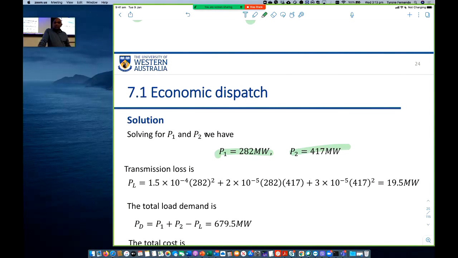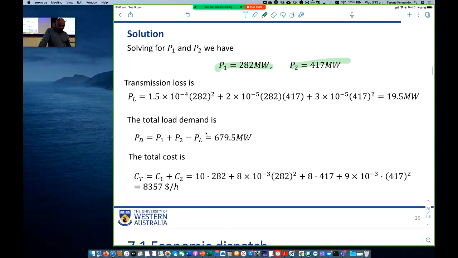You just solve the equations for P1 and P2, and then for the corresponding transmission line loss, we substitute P1 and P2 in the equation and we can compute the loss.